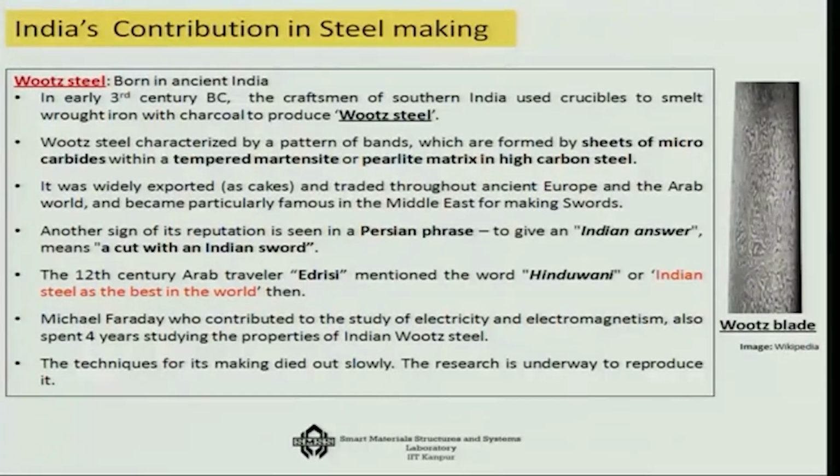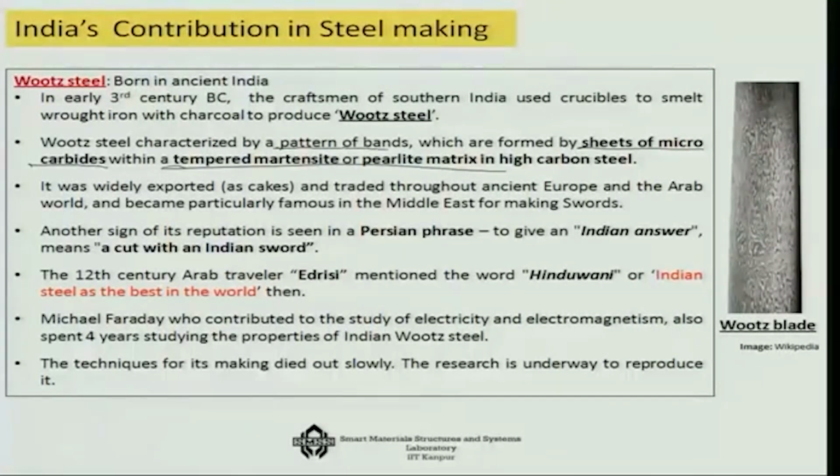It is a kind of composite in which you have the tempered martensite or the pearlite matrix of iron, having enhanced strength because of the sheets of microcarbides, and the source of these microcarbides is the wood used in the process of generating the heat. So, it keeps a pattern of bands.